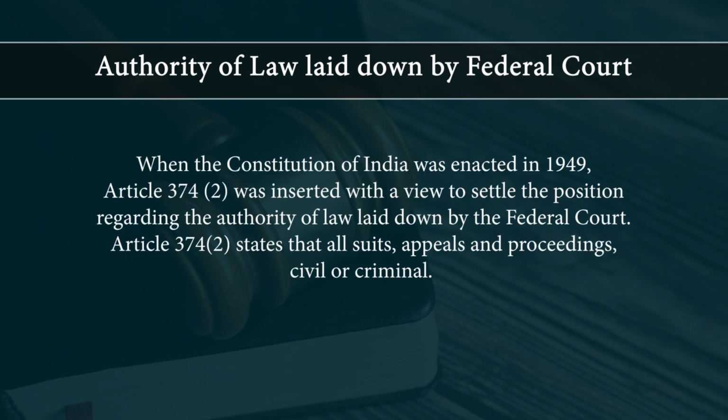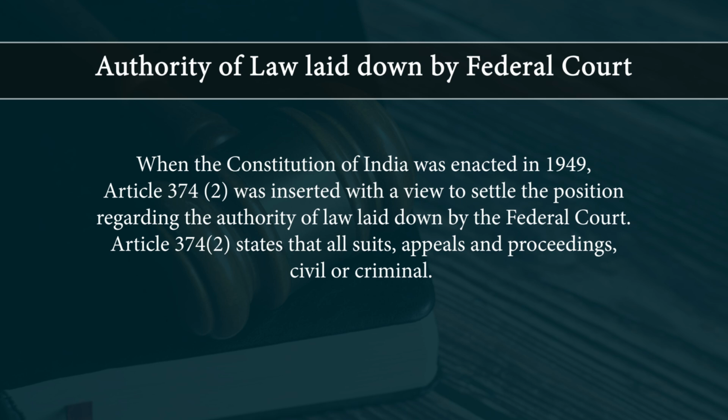When the Constitution of India was enacted in 1949, Article 374 Clause 2 was inserted with a view to settle the position regarding the authority of law laid down by the Federal Court.